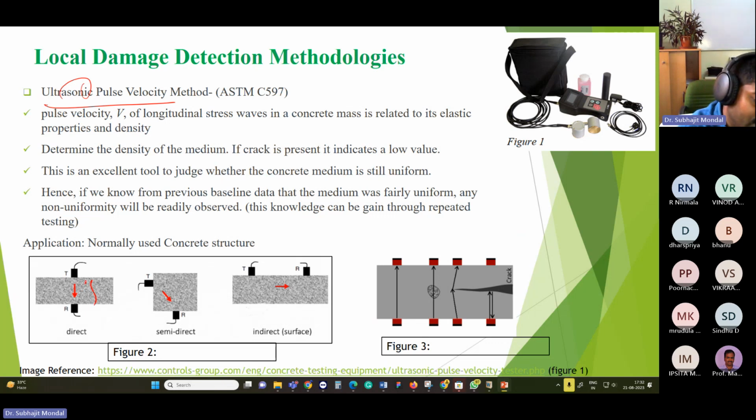We know the distance and the velocity, so from that we can find the travel time. We can measure directly, indirectly, or in a semi-direct way. If we know what the velocity should be, we can identify damage, because the pulse interacts with the damage and delays the travel time.